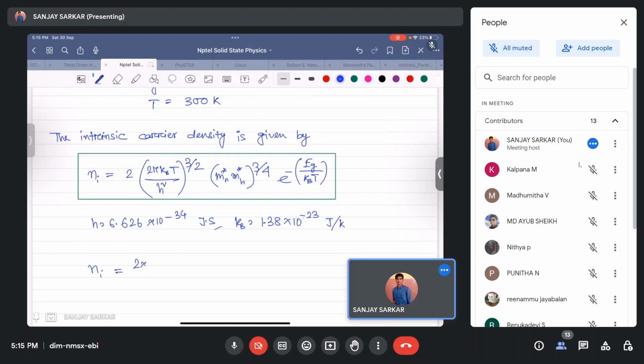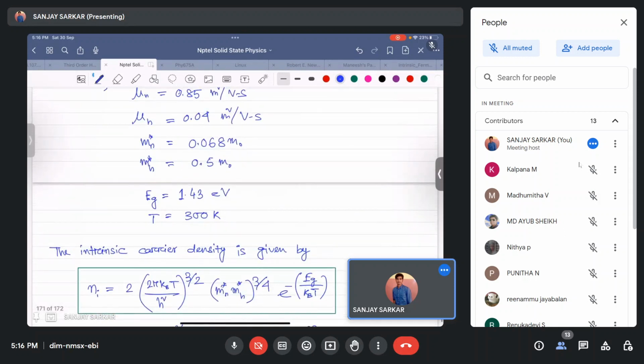Two into 2 pi into k_B, 1.38 into 10 to the power minus 23, into T, which is 300 Kelvin, divided by h square, which is 6.626 into 10 to the power minus 34 square, this whole to the power 3 by 2, into mn star into mh star.